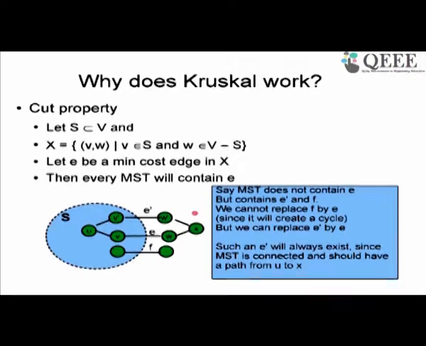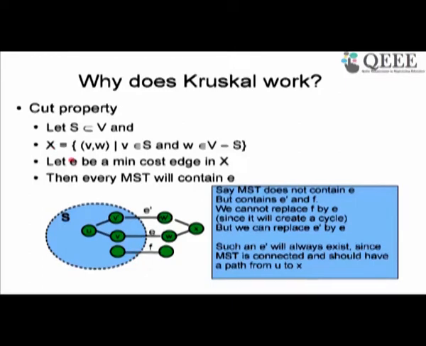Here we are saying let S be any set and V minus S is the other set. Okay. So consider all the edges that go across the boundary between S and outside S. These are the edges which are crossing the boundary. That set of edges is called a cut. Okay, called a cut. So X is the cut, the set of edges crossing the boundary between S and the rest.